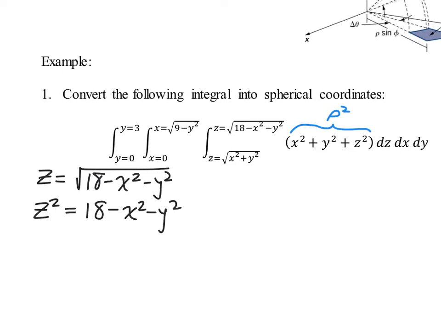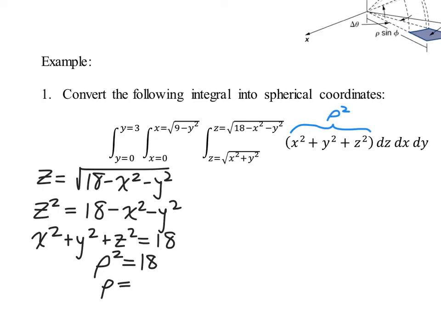If I add x squared and y squared to both sides, I get something really nice. What I get is that rho squared is equal to 18, which means rho is equal to, you could just write, root 18. You could also write 3 root 2 if you want. Doesn't make a difference.